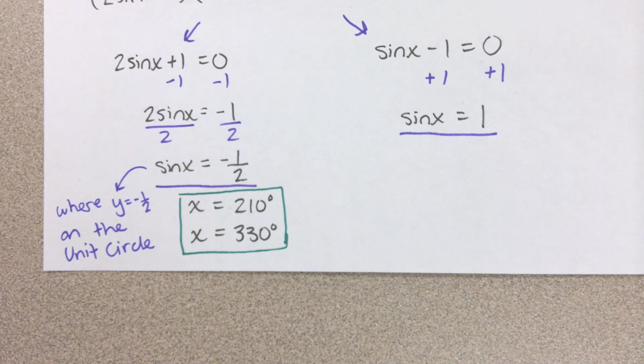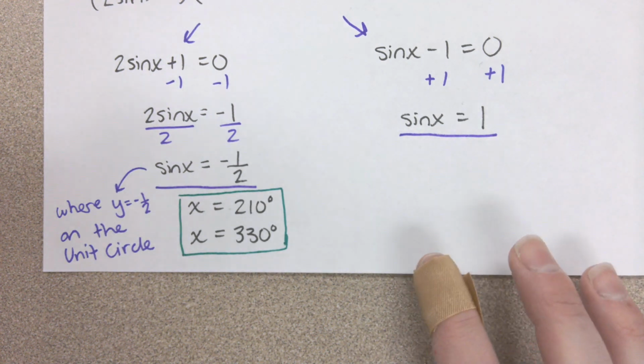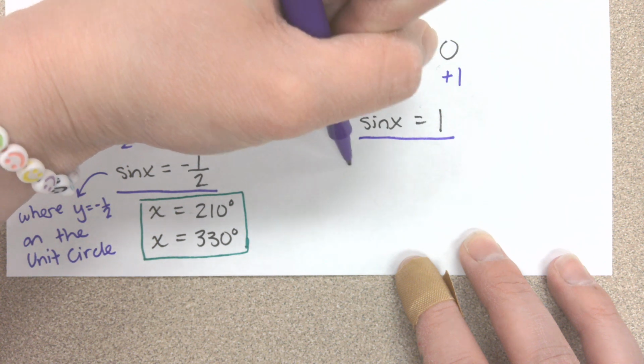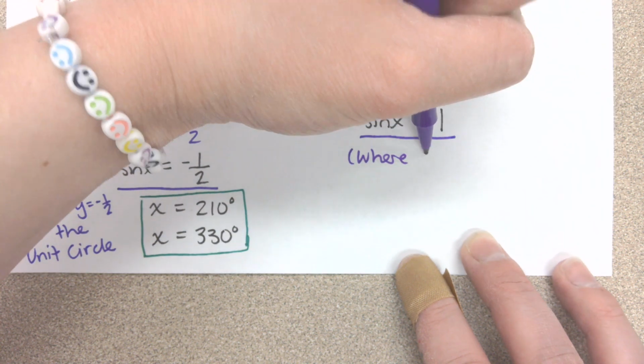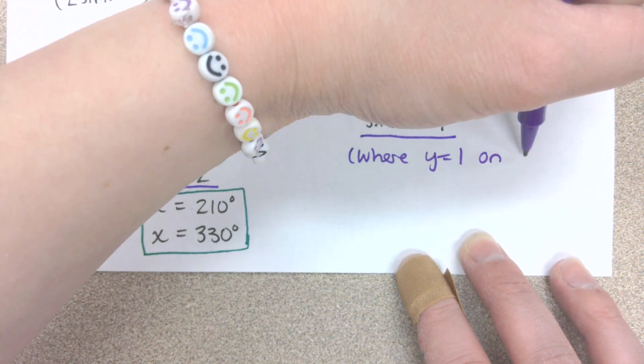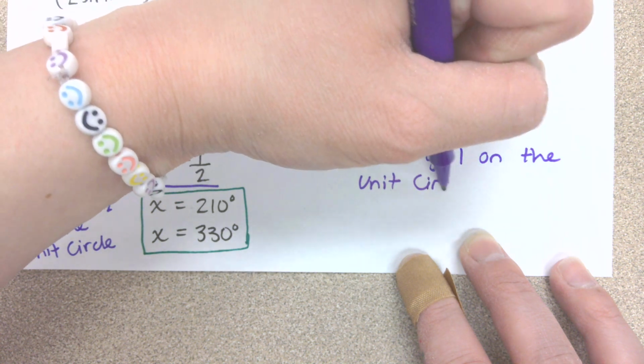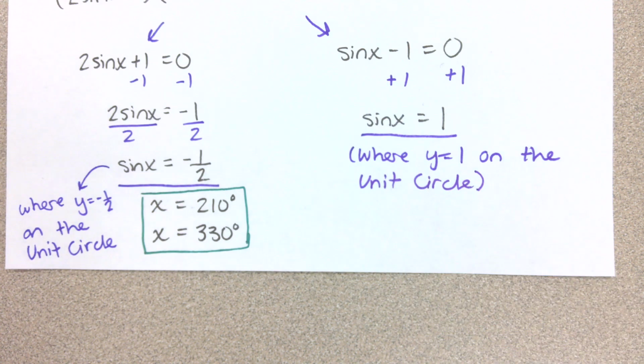And we'll do the same thing on the right side. Sine of x equals 1. That's where y equals 1 on the unit circle. And this one you'll definitely want to use the unit circle because it only actually has one angle, not 2.